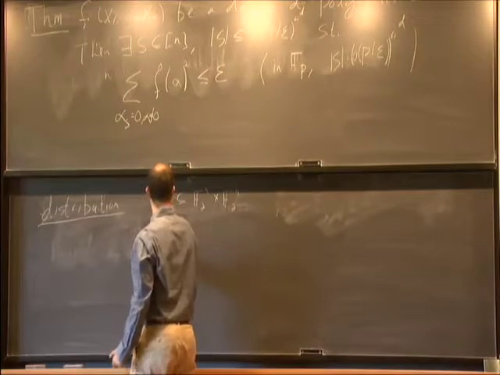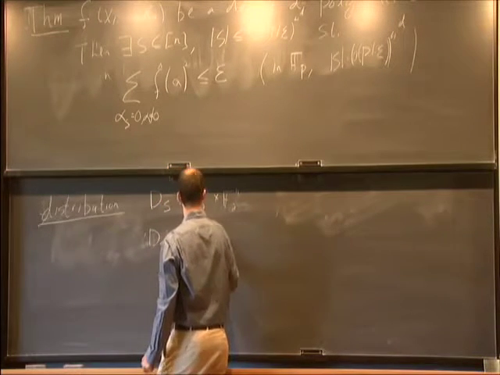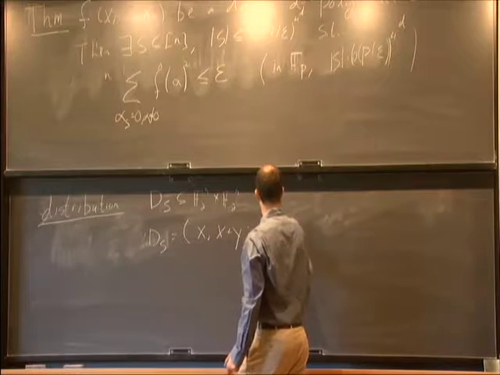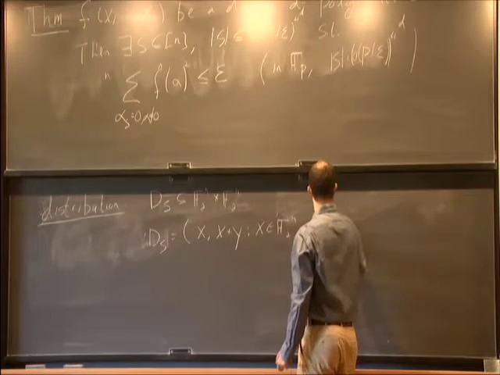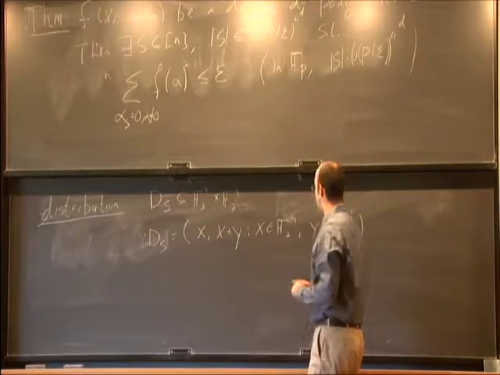How do you do it? You just choose x and x plus y, where x is a uniform input, and y comes from just choosing elements in this small set S.